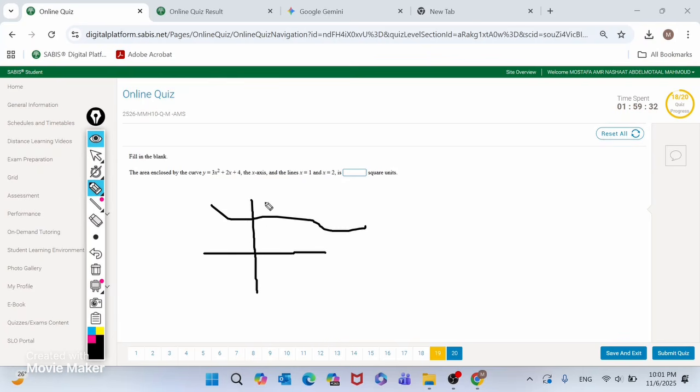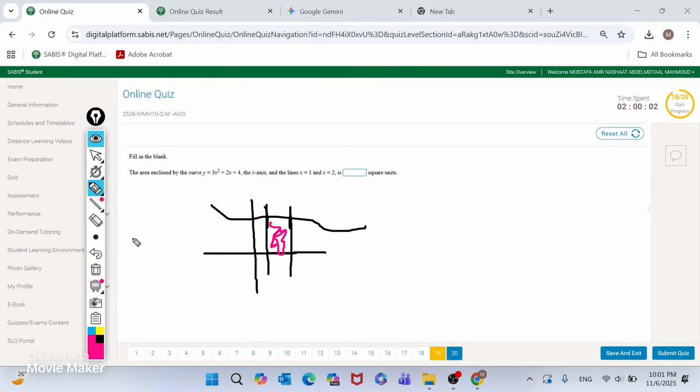Between the lines, this is the line x equals 1, this is the line x equals 2. So basically, we're just integrating from 1 to 2. And this is the x-axis. So we want to find this area.